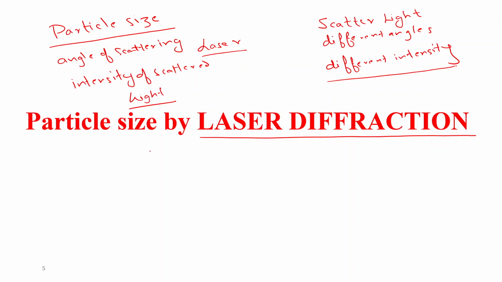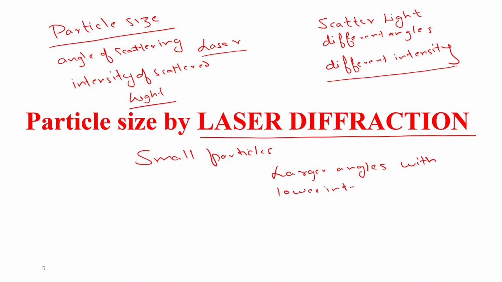That is, if we have small particles in the solution, they will scatter light to larger angles with lower intensity, and if we have large particles in the solution, they will scatter light to small angles with higher intensity.